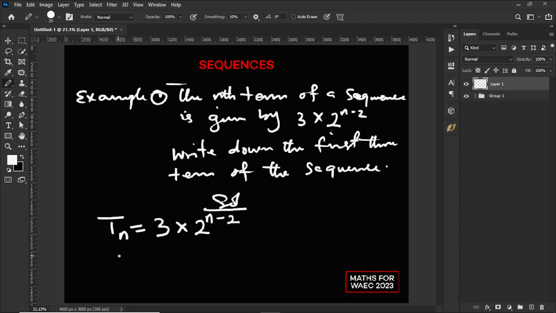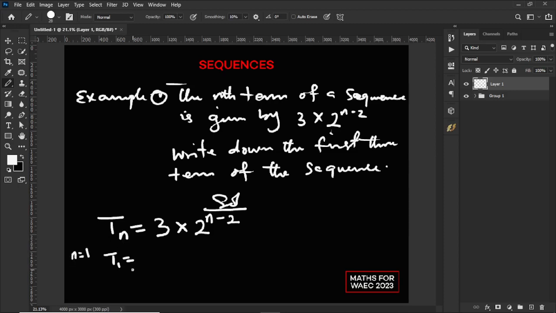The question says you should find the first 3 terms. So they are asking you to look for T1, T2, and T3. Our T1 is going to make n equal to 1.